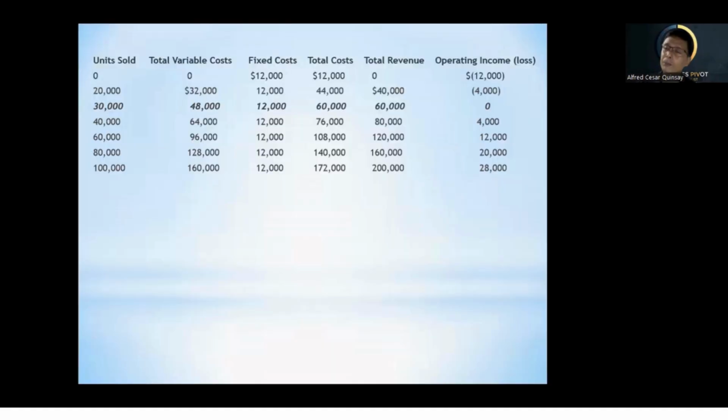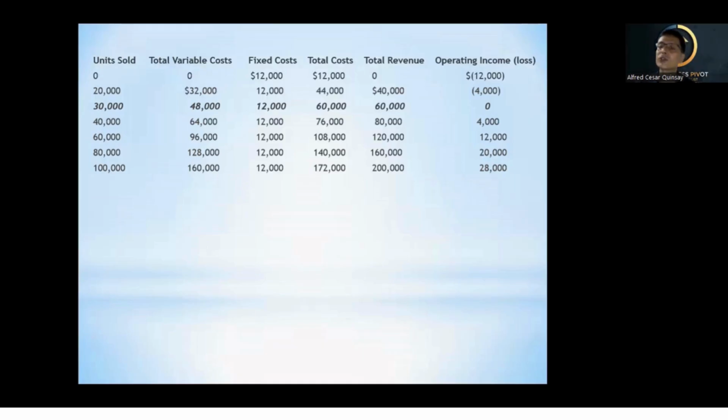So the point here is that the company may be able to reach its break-even point faster than a leveraged one. However, for every unit they sell after break-even, their variable cost is still increasing. Nagbabayad sila ng labor cost, no?